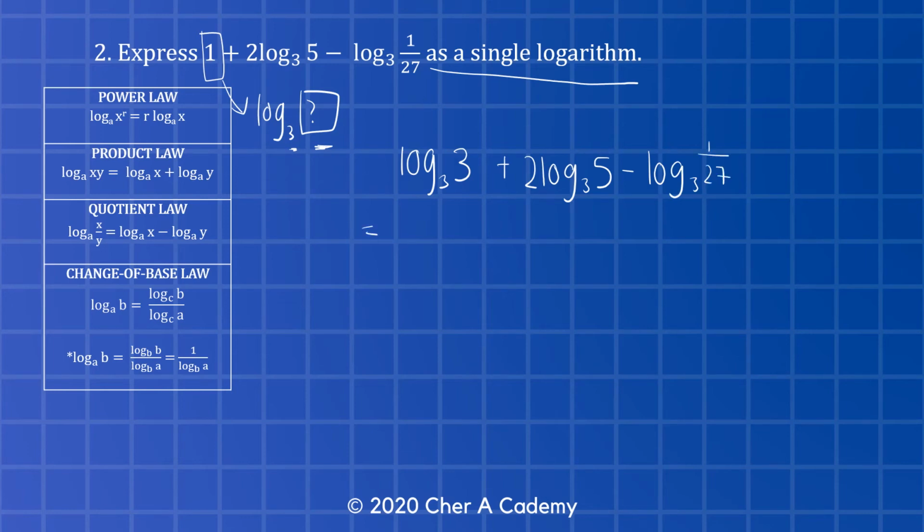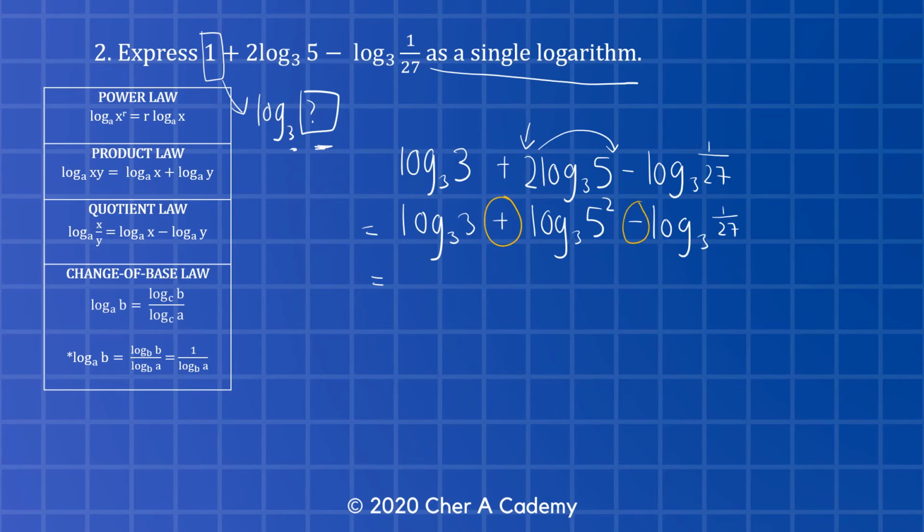Okay, so now my 2 is in front of my log, so I'm going to shift it into the log by using the power law. So log base 3 of 5, my 2 comes over here to be the power, minus log base 3 of 1 over 27. Now I have 3 logs with the same base, and they are all separated by a plus sign and a minus sign.